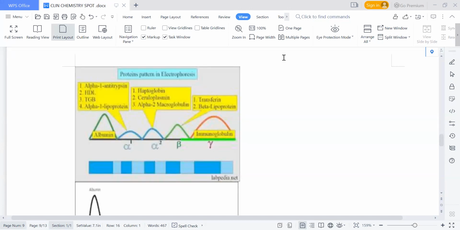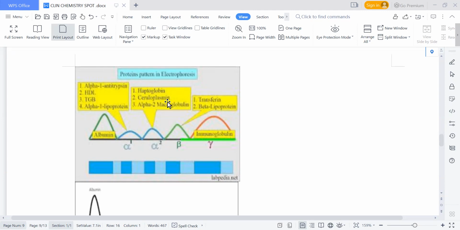So for the rest, since we've already talked about albumin and alpha-1 antitrypsin, for the alpha-2 globulins, haptoglobin is used as a diagnostic clue when someone has hemoglobinuria.